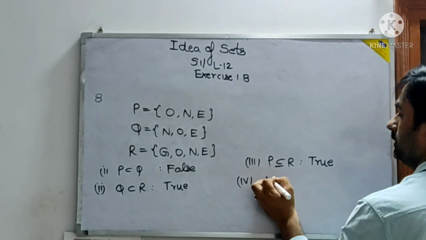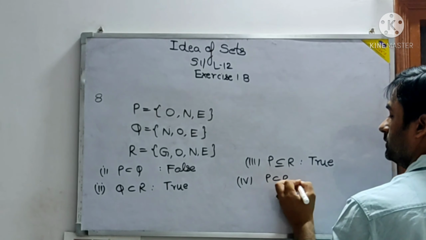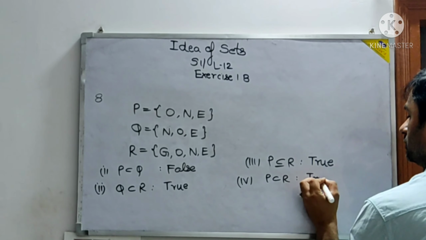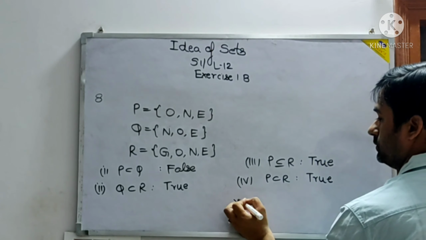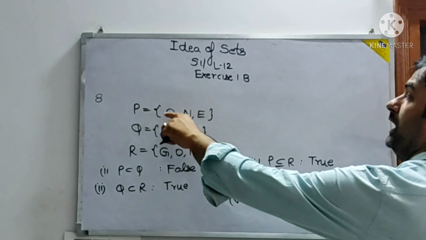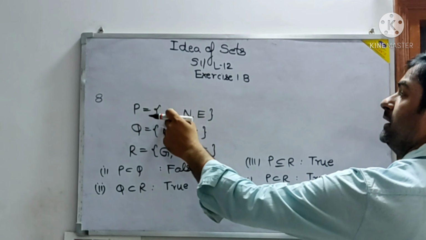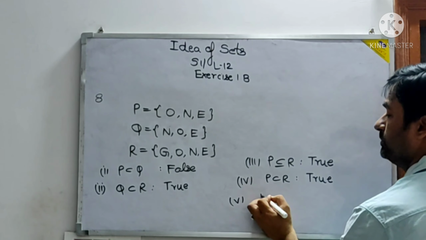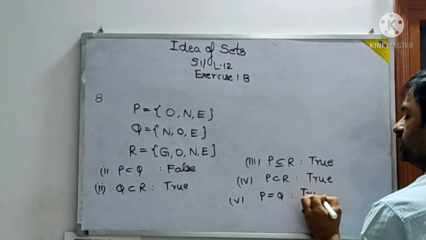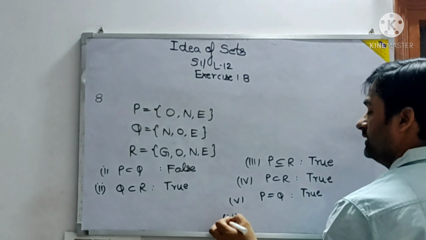P is a proper subset of R. So the fourth is also true. What is fifth? P is equal to Q. P equal to Q means P and Q are equal sets. See, same elements O, N and E. So P is equal to Q. Yes, that's true.